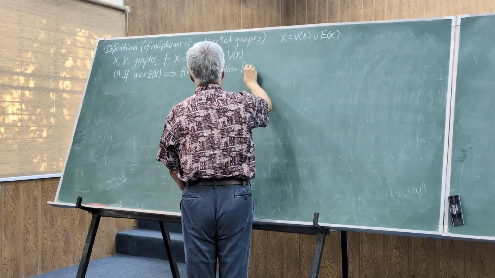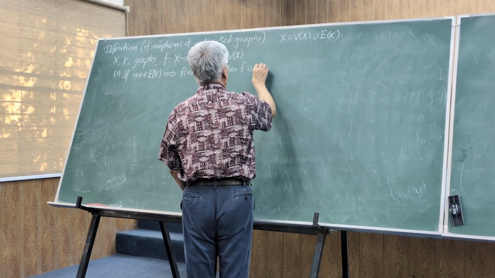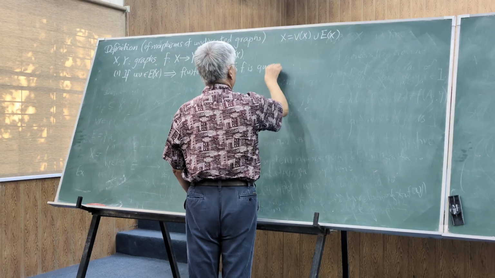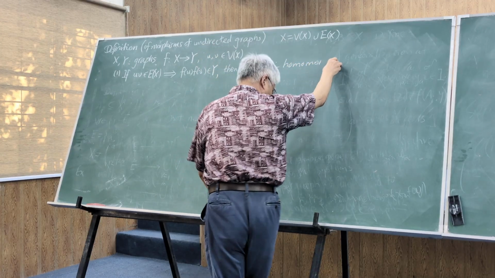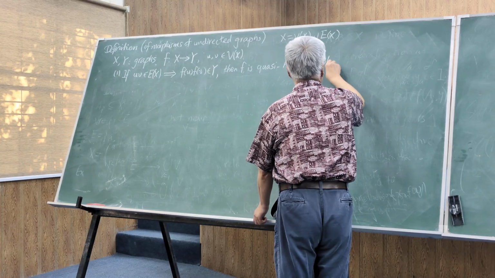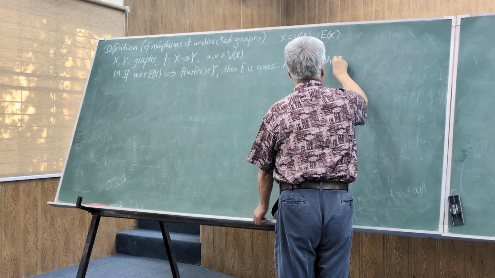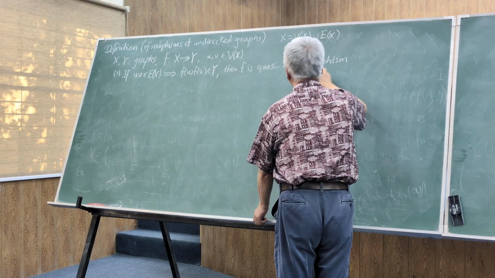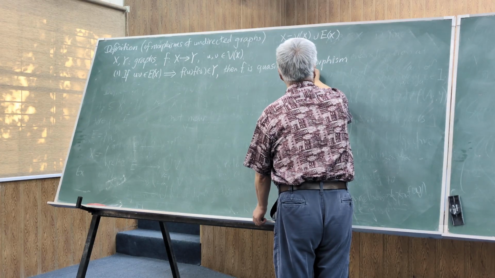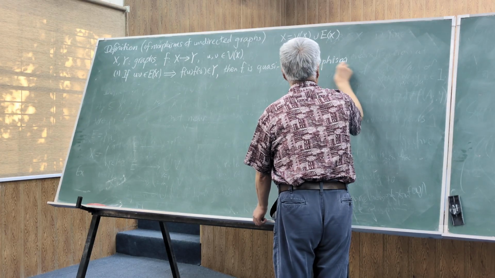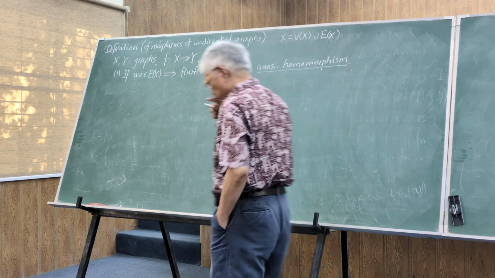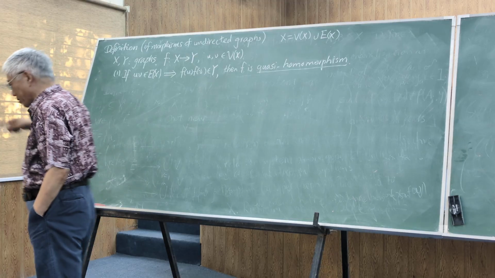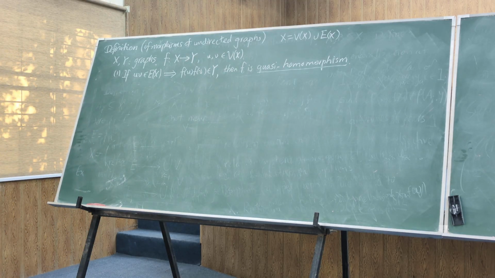So f is called a quasi-homomorphism from x to y. So the morphism part is here. This is a definition of quasi-homomorphism. We are going to see lots of examples, so we're not going to give examples now. We will soon see an amazing number of examples.